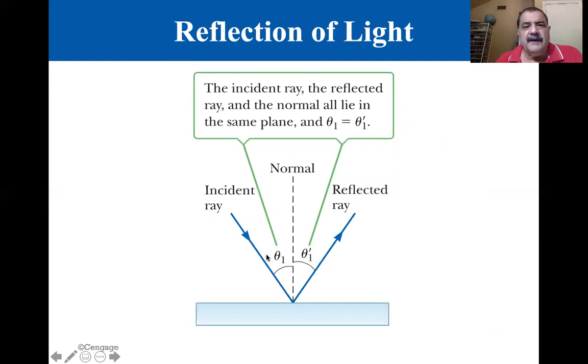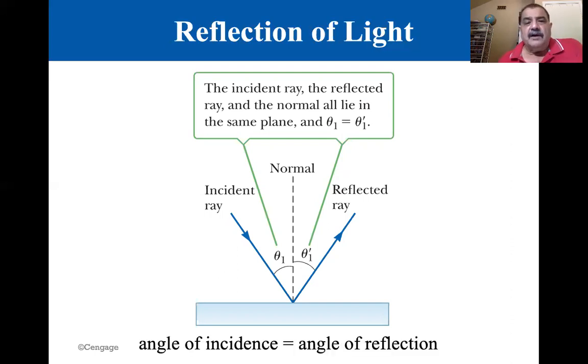So the angle of the incident ray and the angle of the reflected ray are equal. Theta 1 equals theta prime 1. So that is the law of reflection. The angle of incidence equals the angle of reflection.